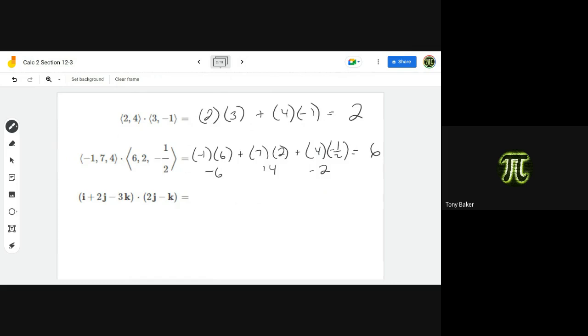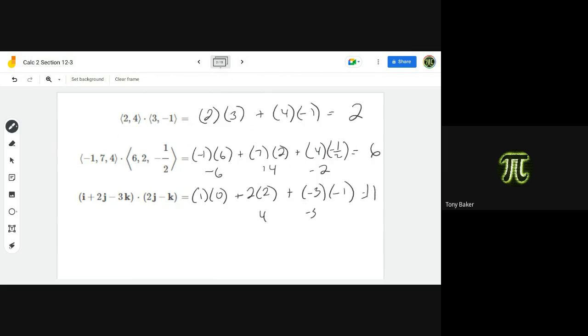The last one is just in the i, j, and k format. So in this one, we're missing the i. That's fine. You put a 0. So it'd be 1 times 0 plus 2 times 2 plus -3 times -1. So 4, -3.